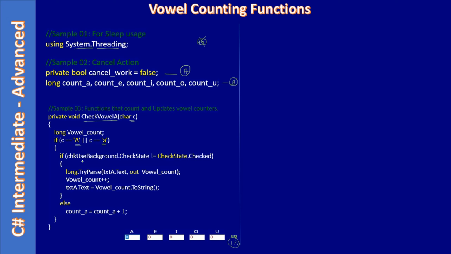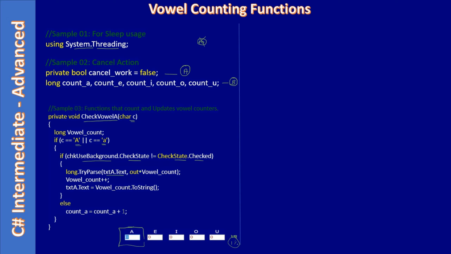Then there is a check on the use background check state, and if it is not in the checked state, here we are using not equal to CheckState.Checked. If that's the case, what we do here is parse the input A, because this is the function for CheckVowelA. So we are concentrating on this one.